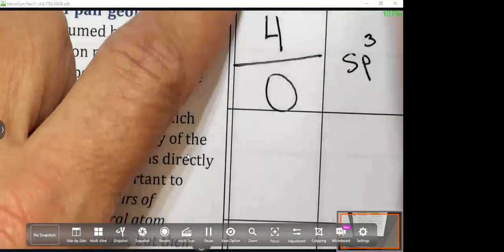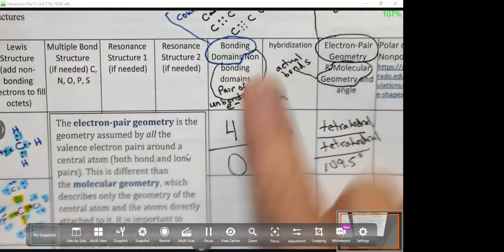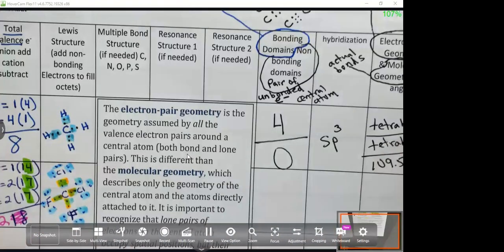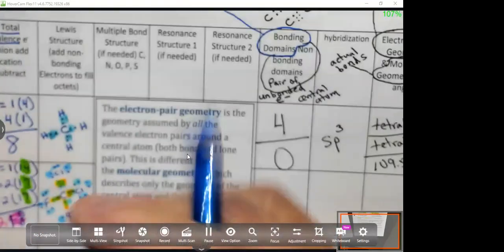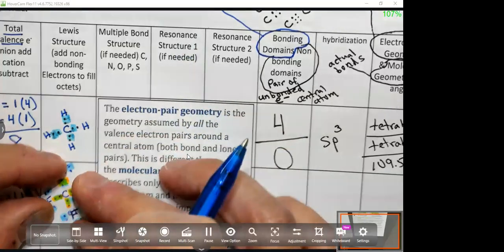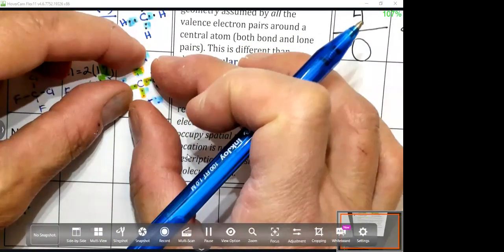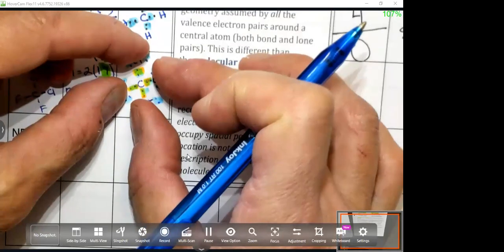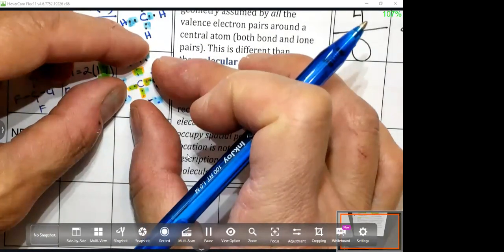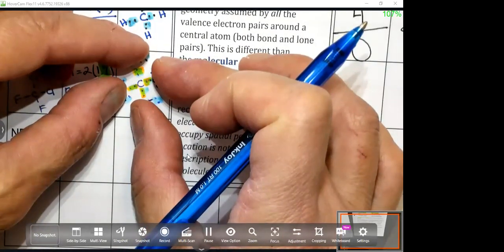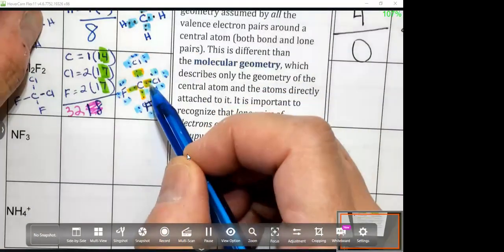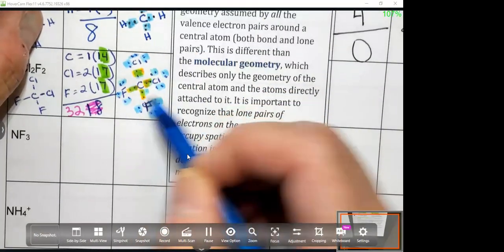So now we go to this. How many bonding domains and non-bonding domains do we have? All we care about is the central atom. How many bonding domains for the central atom? 4, right? It's got 4 bonds. Every pair of electrons is bonded.